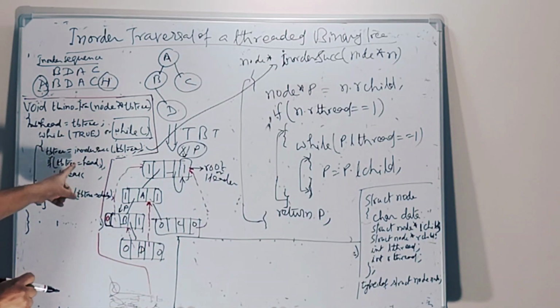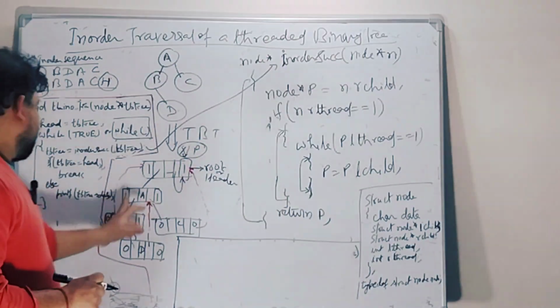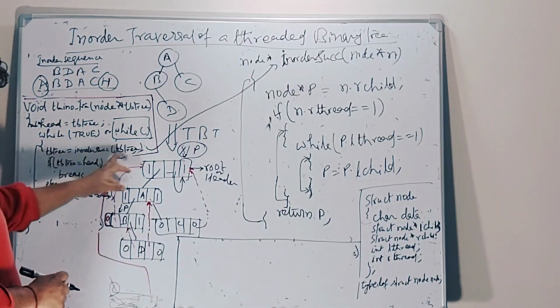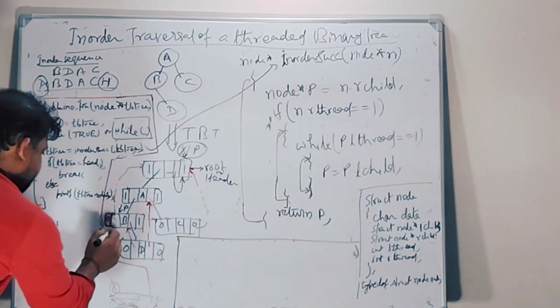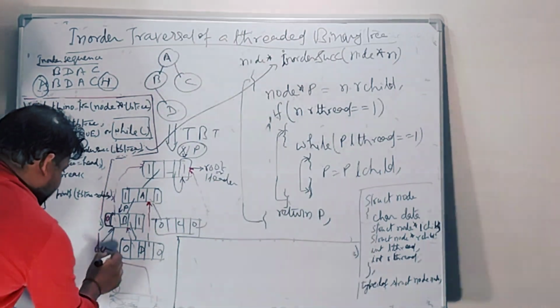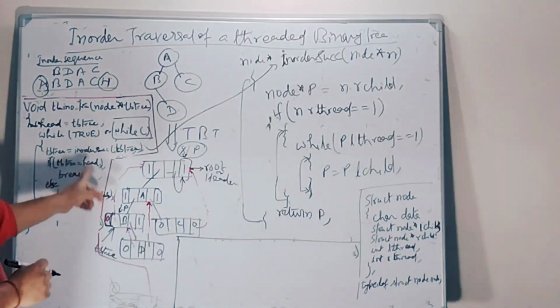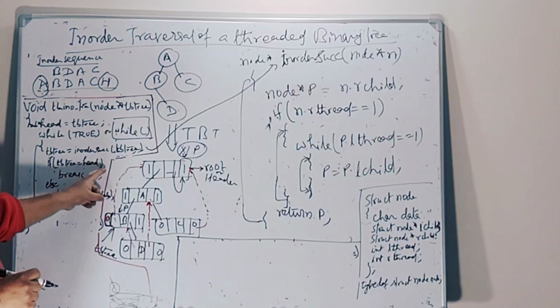So once again, TBTree inorder successor of TBTree. That means after this traversal, TBTree will point to this location. TBTree is a pointer here, so TBTree will point over there. Now I'll check if TBTree is equal to head.